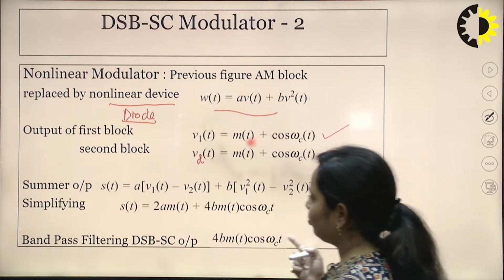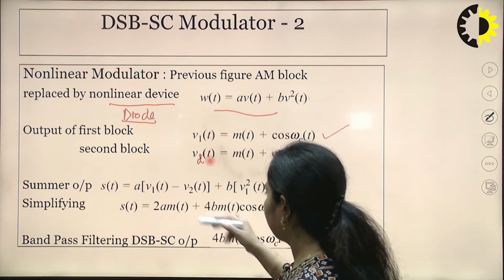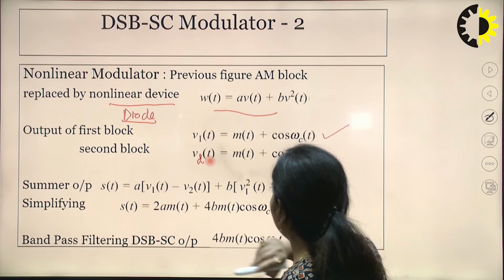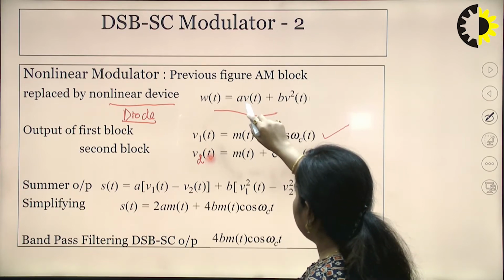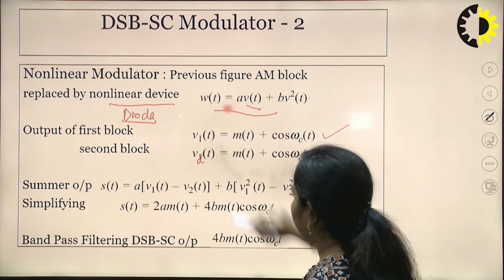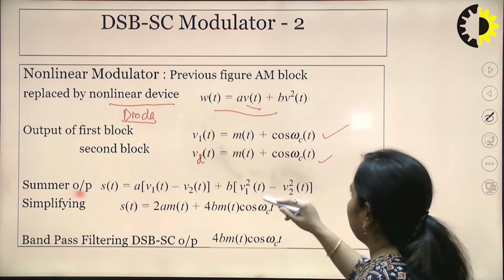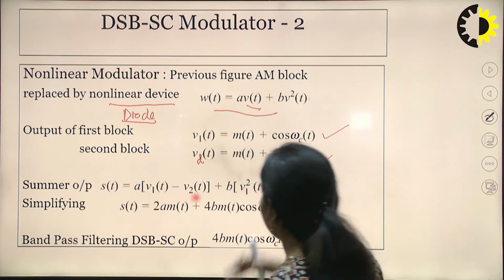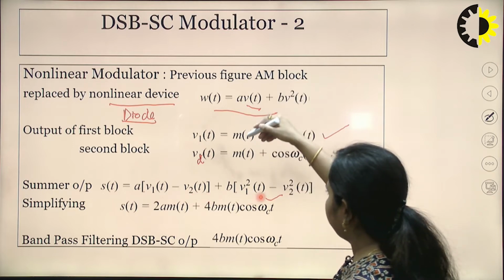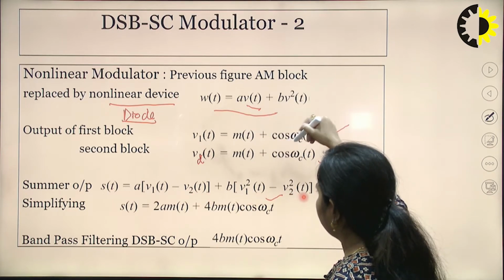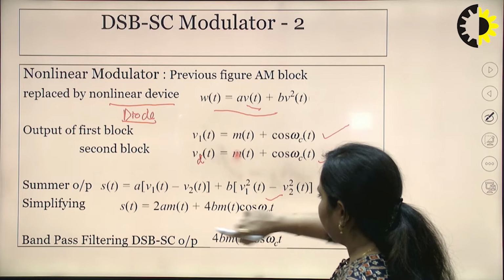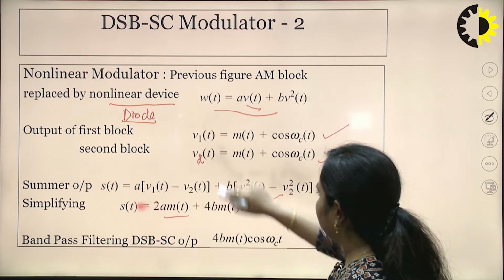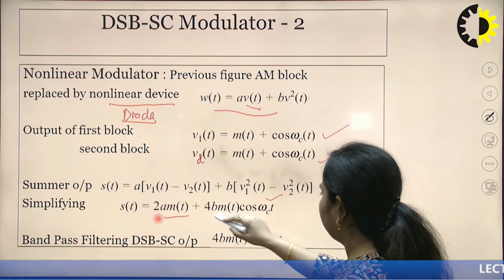So these are the 2 equations. So we can add these 2 equations by putting this in the block diagram, where v(t) is replaced by v1(t) minus v2(t). Same here, and then after simplifying this equation, because after putting this value like m(t) plus cos omega ct minus m(t) cos omega ct, we can get this one, and then this will be the value.